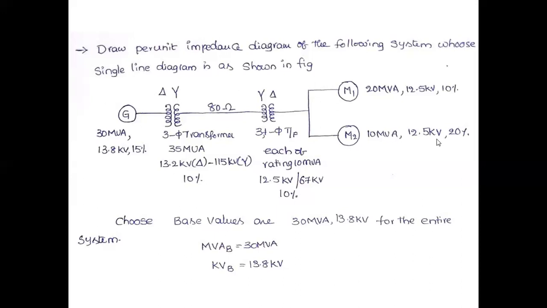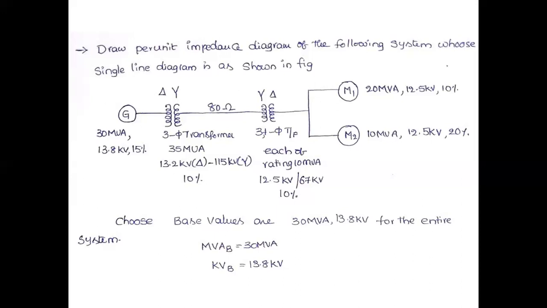Now see here, I told you another important point: if you have two transformers connected in series, obviously the secondary winding of the first transformer is connected to the primary winding of the second transformer. So the secondary voltage must be equal to the primary voltage of the second transformer. That is a very, very important one.